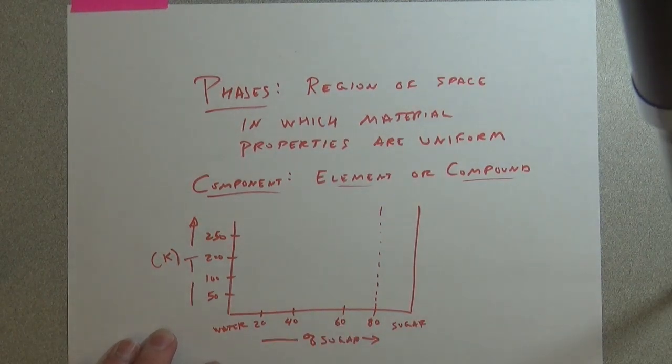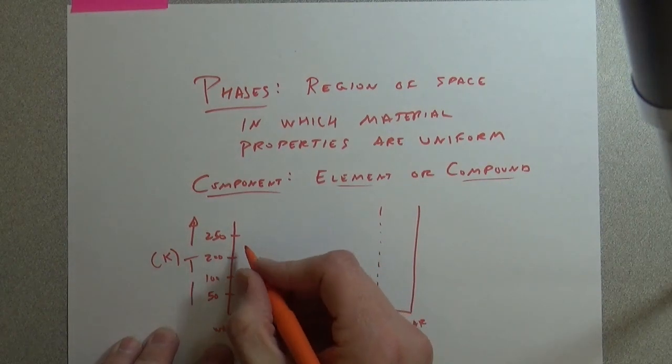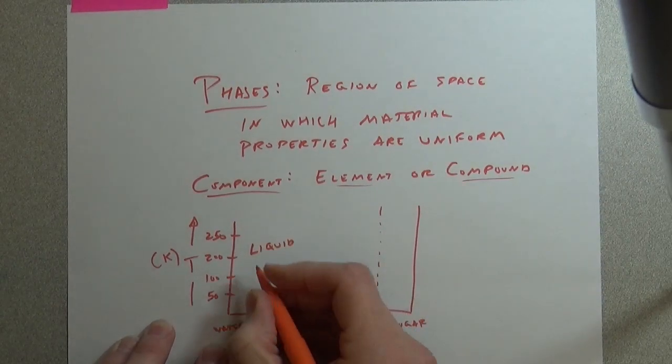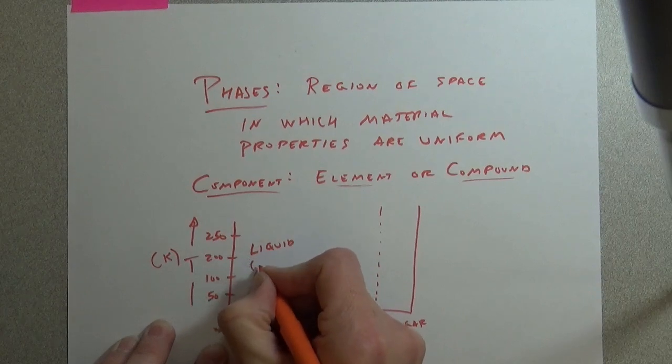And then we have phases. So for example, if we start off here with pure water and we start to put in some sugar, you know that sugar becomes a solution. So it goes into solution with water. And so in this region here we have a liquid, and that liquid is a solution.